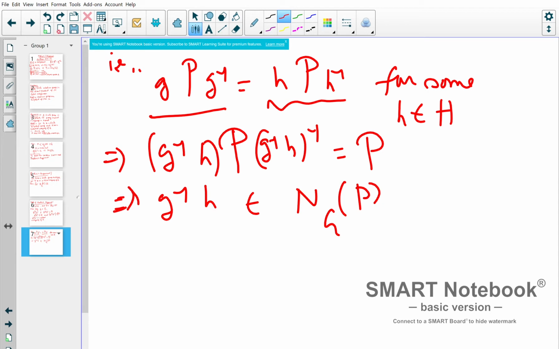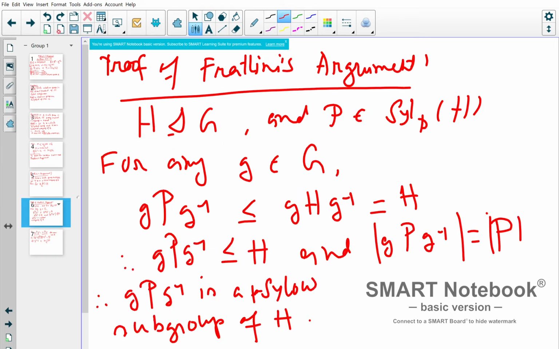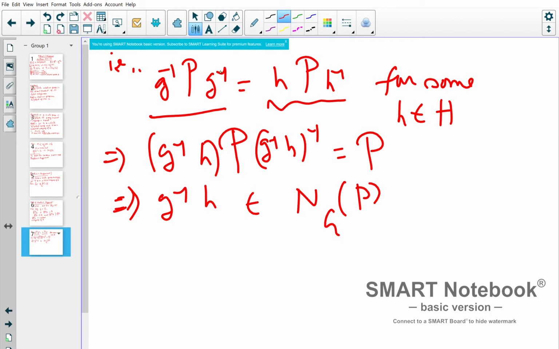So let me start with g inverse, and this will be easier than here.